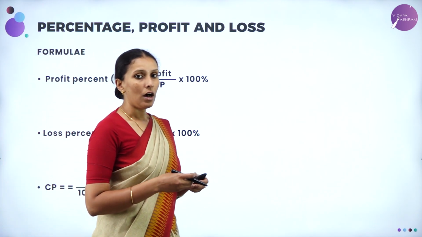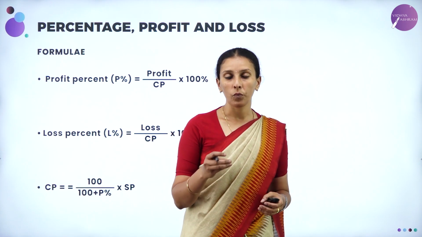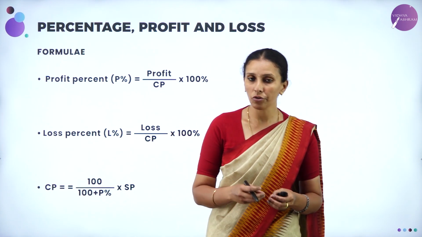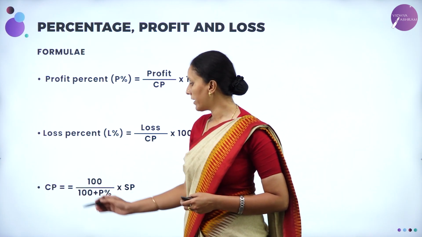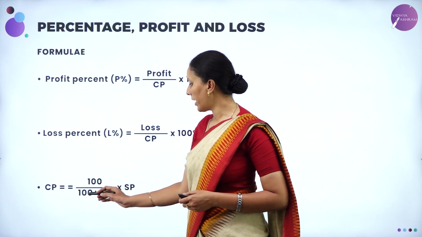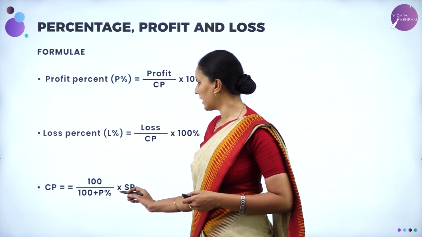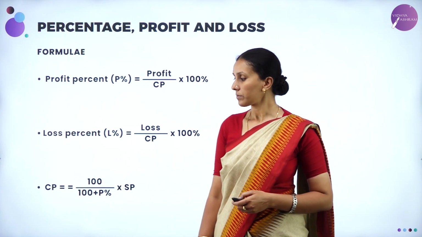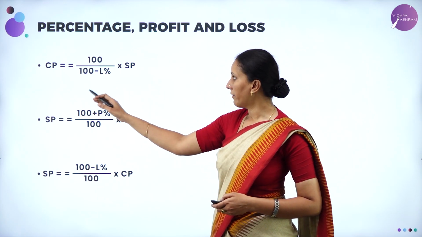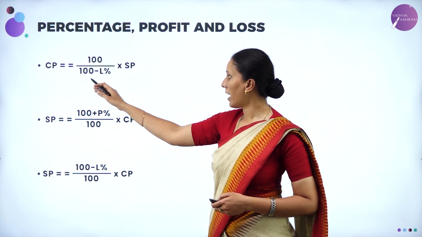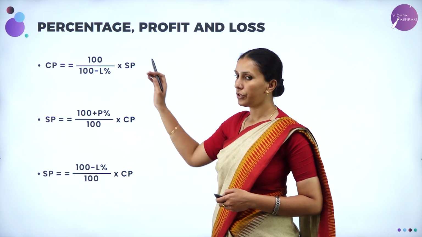Whenever a profit percentage is given and you need to find the cost price of an article, then cost price is always given by 100 divided by 100 plus profit percentage into selling price. Similarly, whenever the loss is given, it is 100 divided by 100 minus loss percentage into selling price.